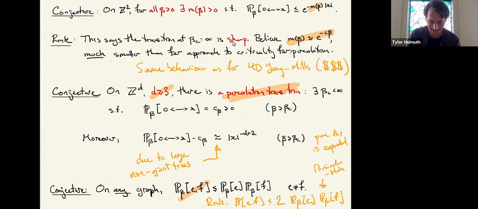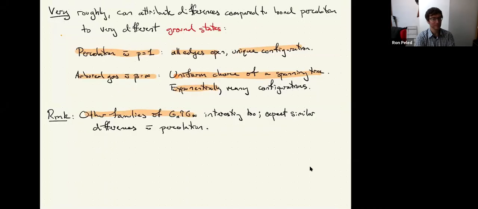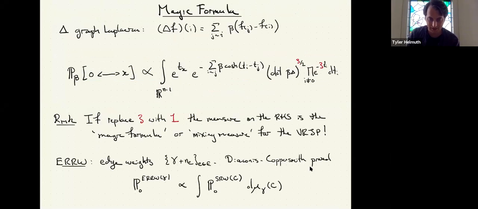One second. So maybe I'm just going to disconnect my screen and reshare. No problem. To try and fix this. Now okay. Okay, so now the comments about the spanning trees is there, but let's go on to the magic formula.